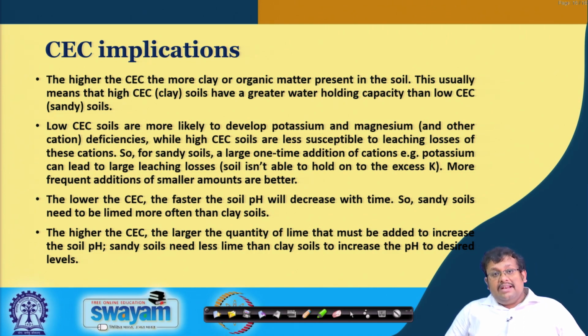In other words, again, the higher the CEC, the more clay and organic matter, because the CEC in the soil is basically contributed by either clay mineral or organic matter. So, obviously, when a soil has more CEC, it is understood that the soil has more clay as well as organic matter.